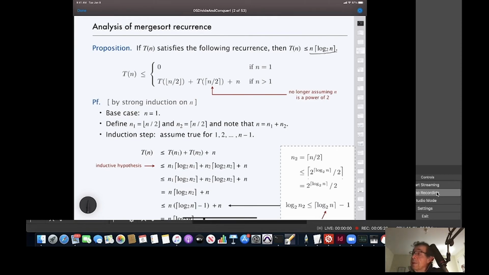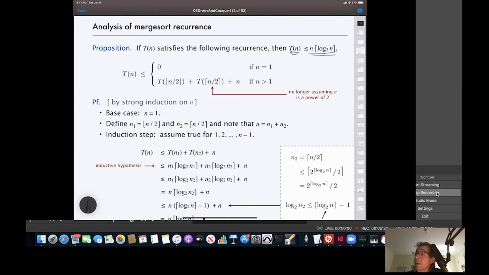So what we look for is just the number of compares bounded by a function which is not too complex. In this case it would be n times the ceiling of log 2 of n. Okay, so how would we go about doing that?